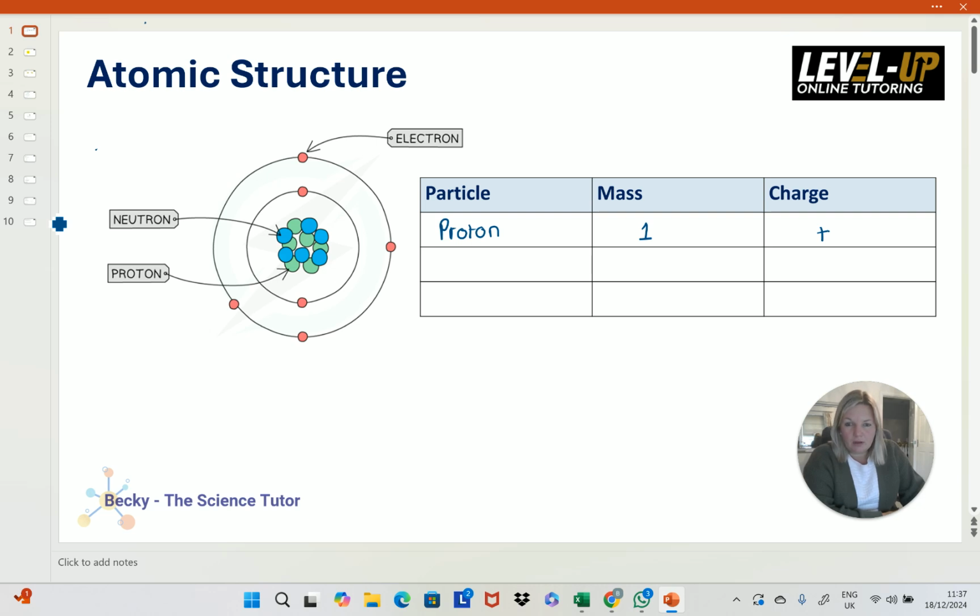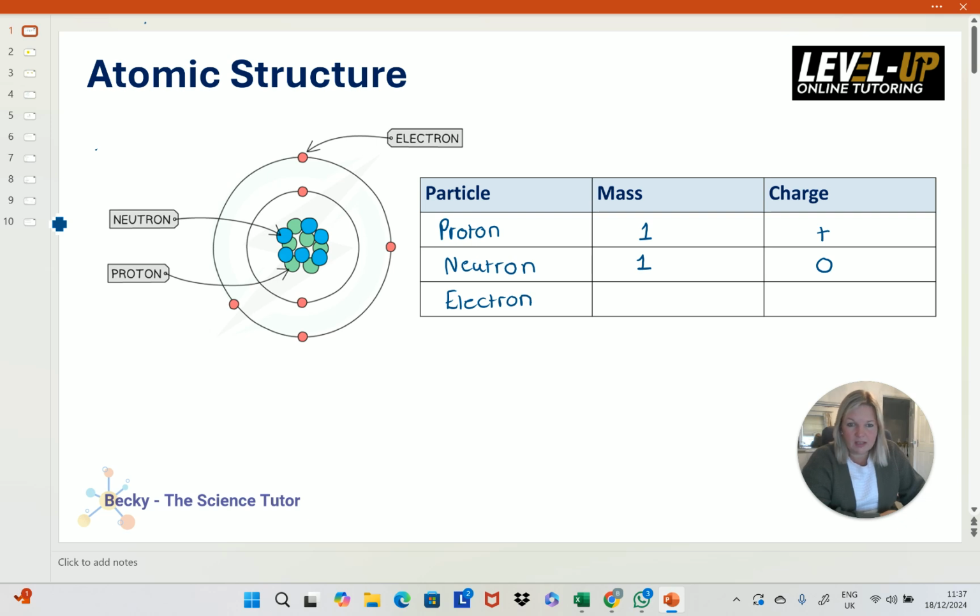We've got our protons, we have our neutrons that also have a mass of 1. Neutrons are neutral. Be careful, that usually trips people up because they go positive proton, negative, which is neutral neutron, and therefore if we can lock those two in, our final subatomic particle is our electron.